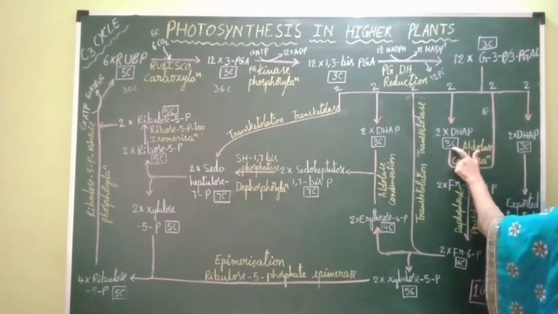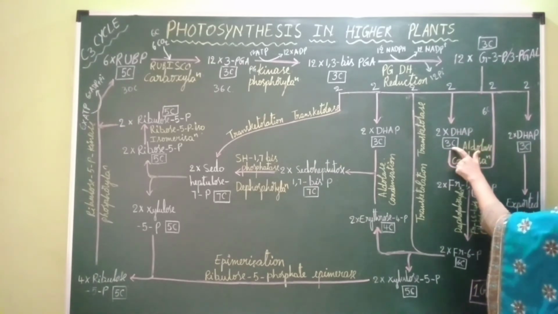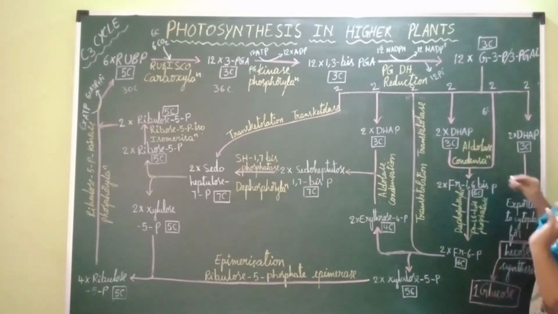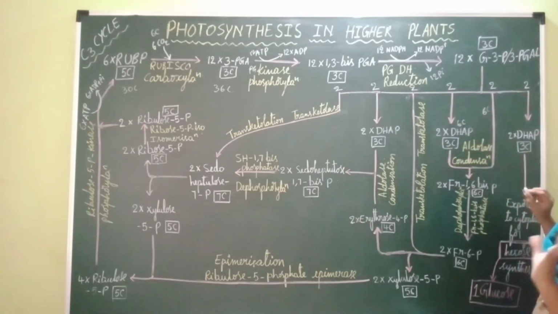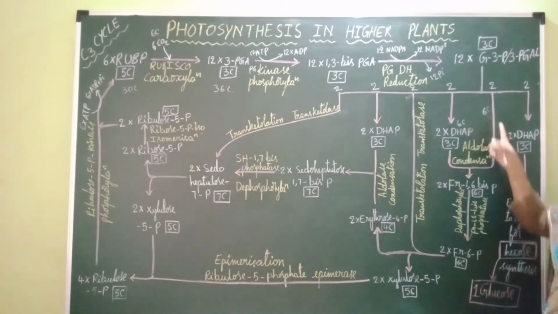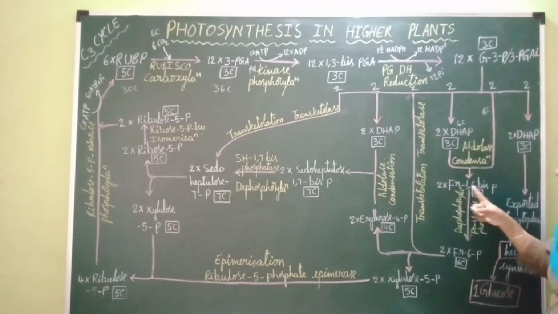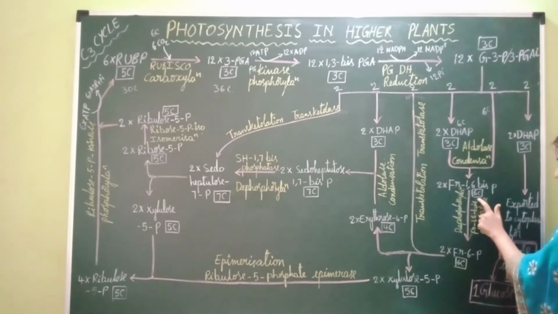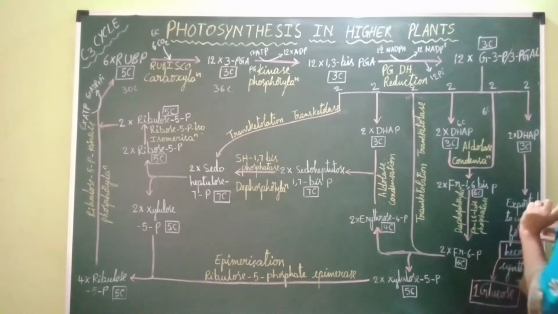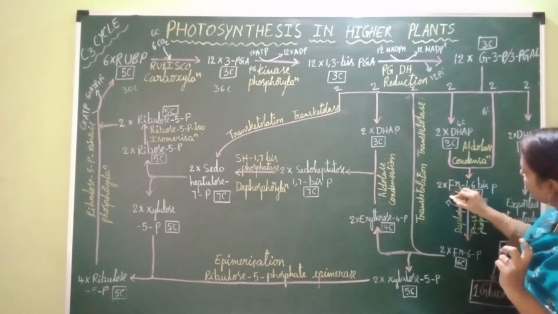DHAP is again a 3-carbon compound, which is the isomer of G3P. So 2 molecules of DHAP also give 6 carbons. 6 carbons plus 6 carbons, 12 carbons are formed. Fructose 1,6-bisphosphate is a 6-carbon compound, and 2 molecules of it are formed, so 2 molecules into 6 carbons, 12 carbons are formed.